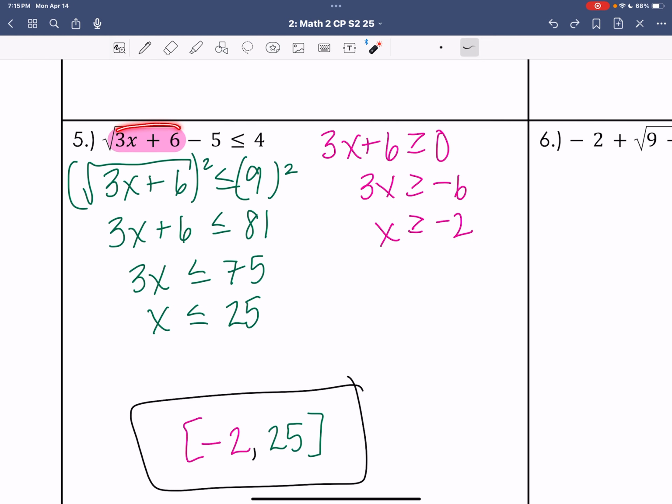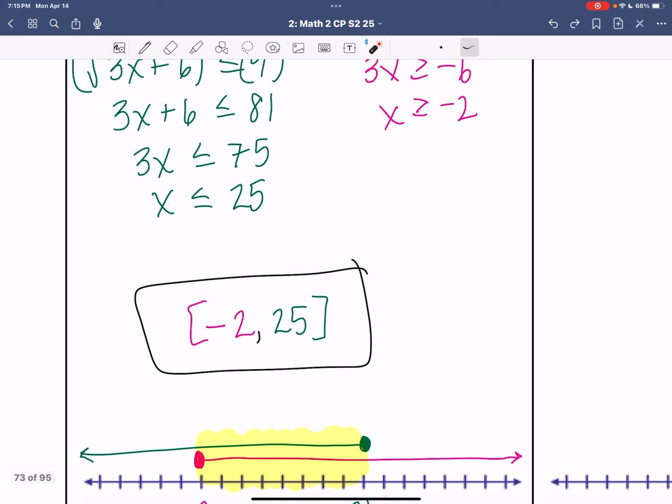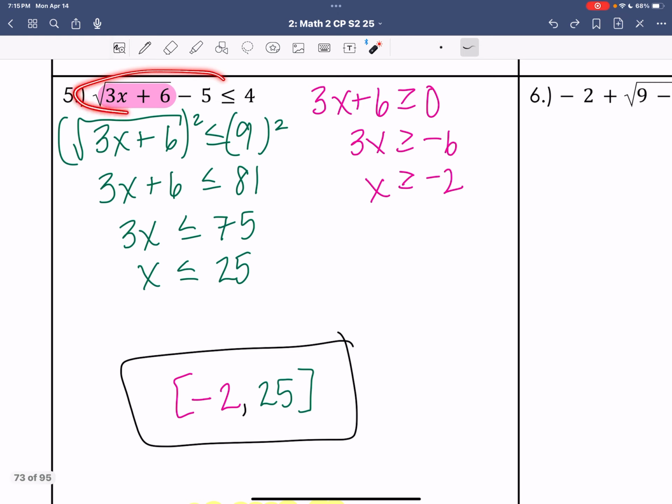And then last but not least, let's do this part. We're doing what's underneath the radical here, and then you're subtracting 6 and dividing by 3. You'll get x is greater than or equal to -2. So we did our closed, and it's going this direction. Now let's come over here and do the whole thing.